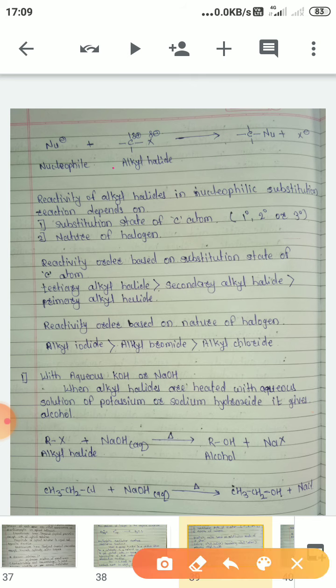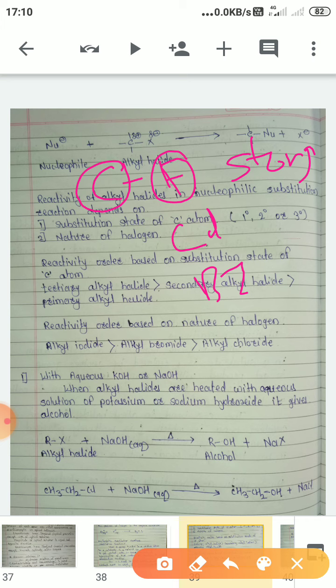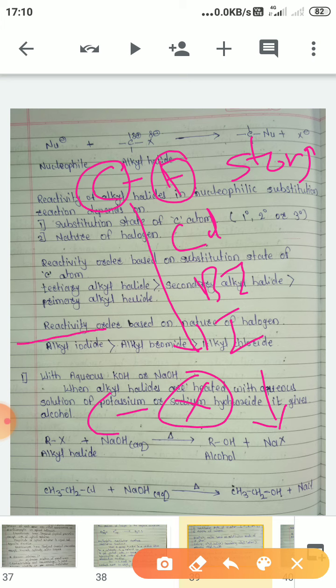We have seen that the shorter the bond length, the stronger the bond, due to the strong overlap of p orbitals of carbon and fluorine atom. As we move down the group, from fluorine to chlorine to bromine to iodine, atomic size goes on increasing. That means the overlap between carbon and halogen atom decreases, or the bond length increases, and as the bond length increases, the bond strength decreases and it is easier to break the bond.